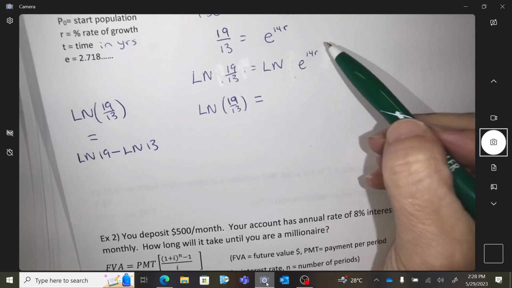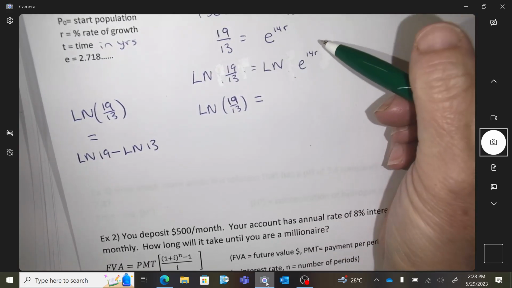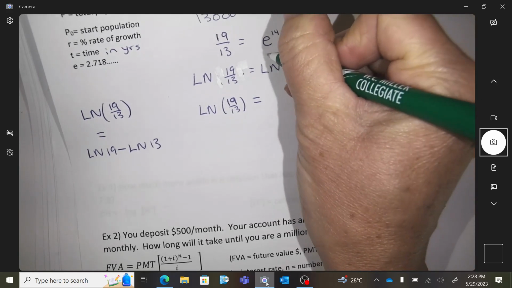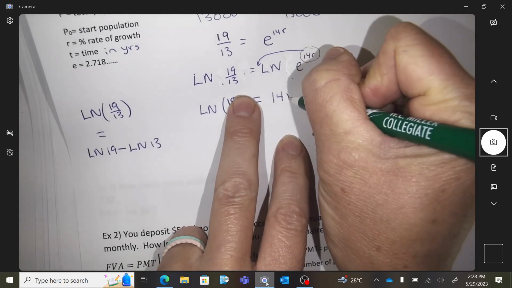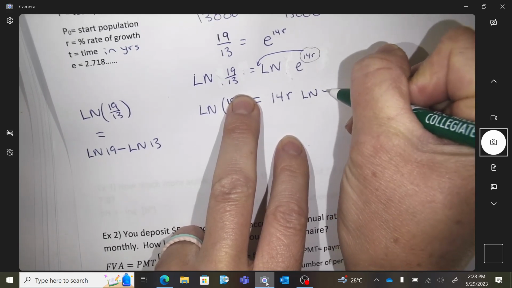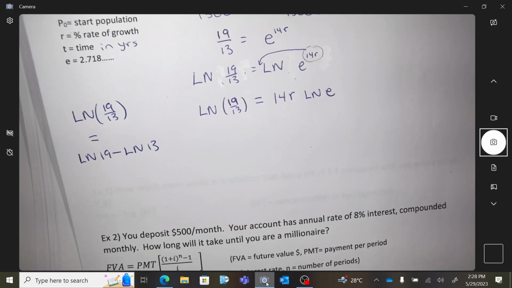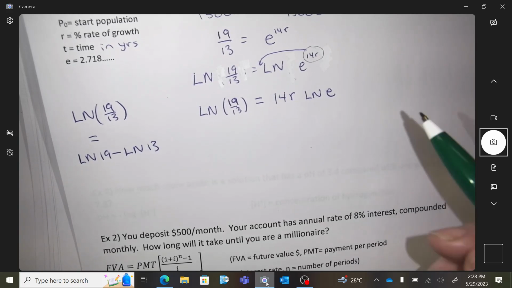And what's the rule? Remember the rules. The exponent can become the coefficient. Okay, why did I specifically pick natural log instead of log both sides?